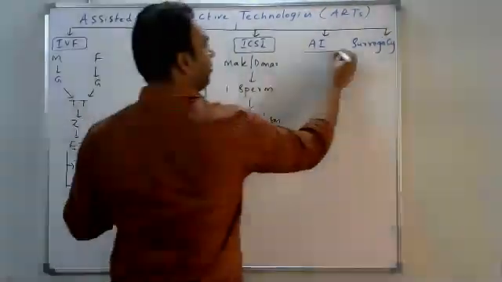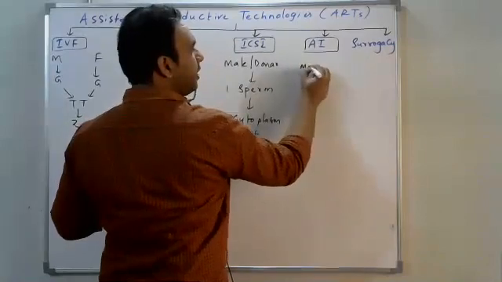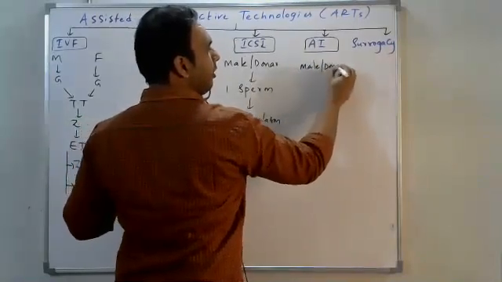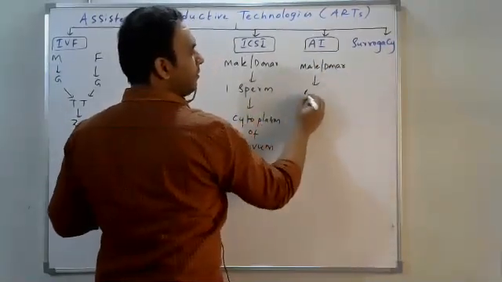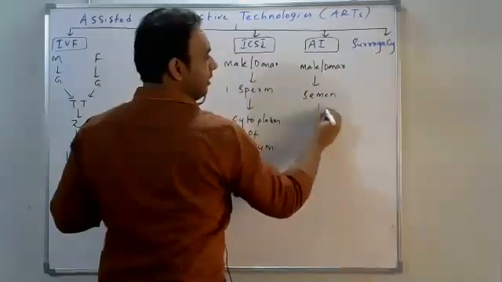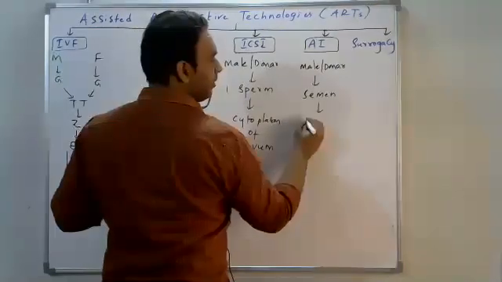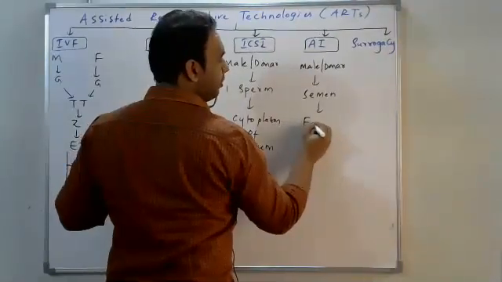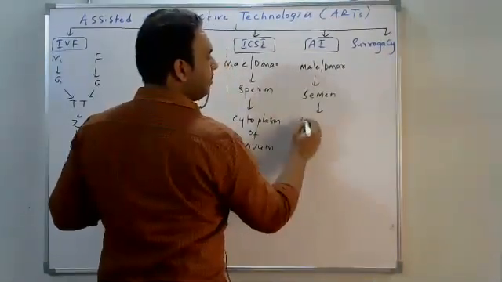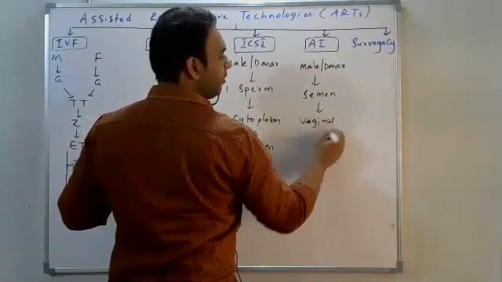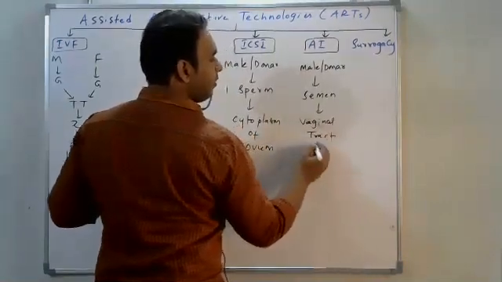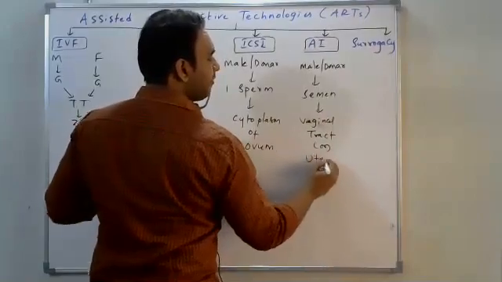Next, artificial insemination: either from the male parent or donor, semen is injected into the vaginal tract or uterus.